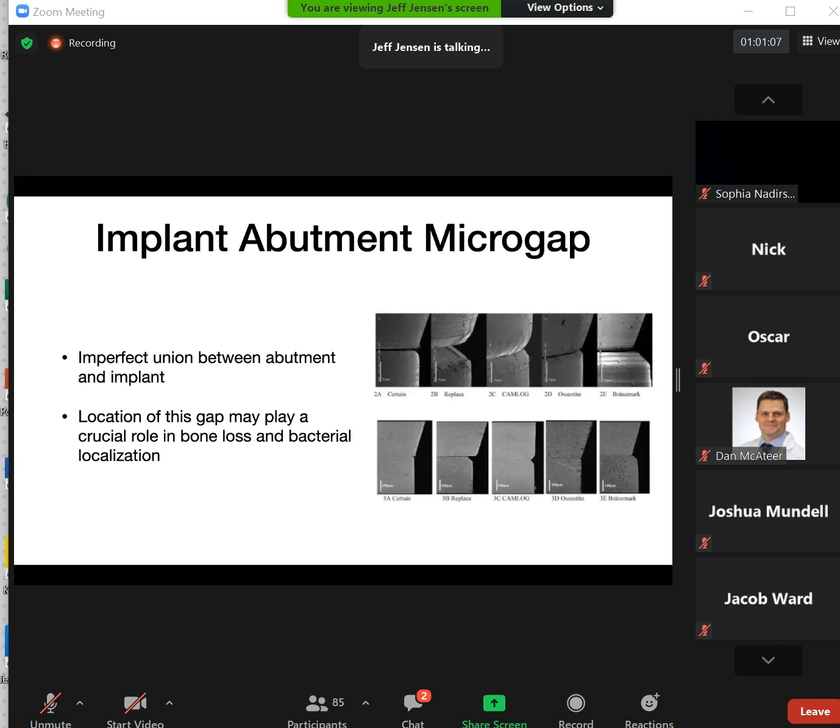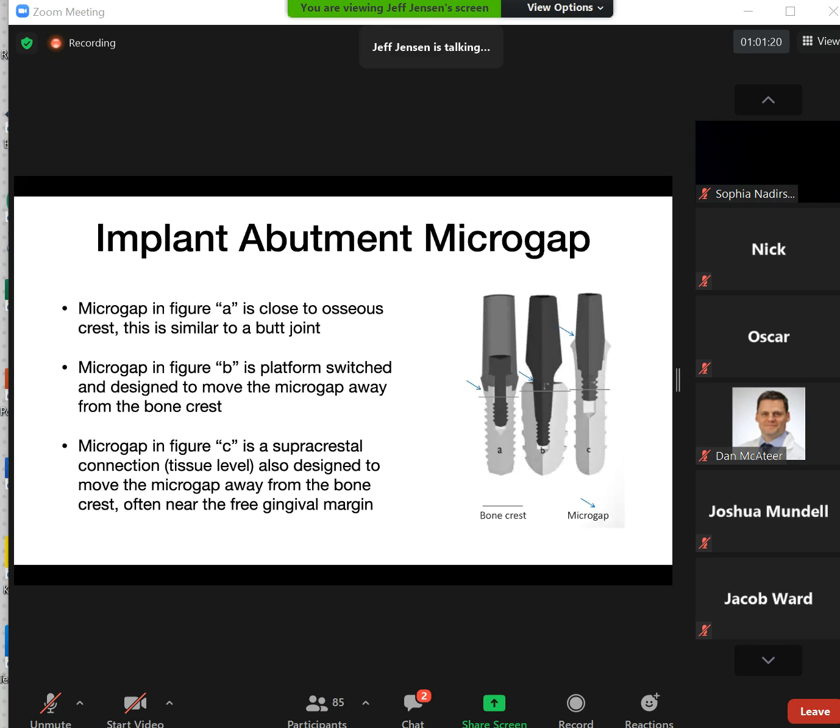This is typically where we see the localization of bacteria, in the area of the gap. The reason is, number one, it's a break in the smoothness of the titanium, and you also have micro movement there, where the abutment connected to the implant moves slightly.